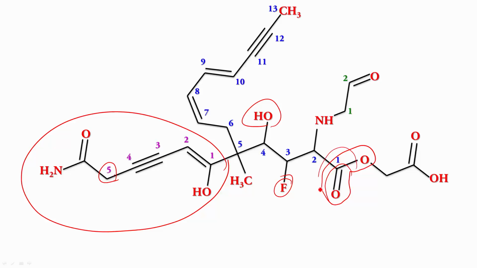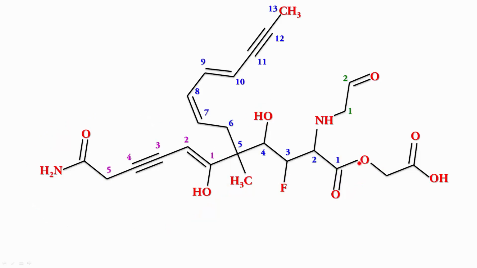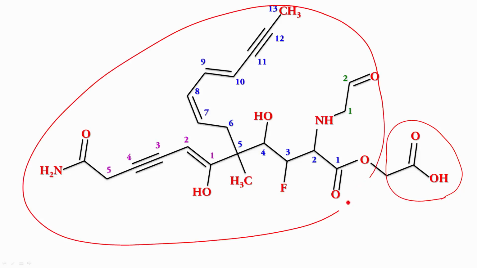It is alkanoyloxy. So on 2 I have, now this is 1, 2, it's 2-oxoethylamino. So look at the name, it's pretty confusing. Remember, it's going to end at ethanoic acid, and this entire thing will end at whatever alkanoyloxy.